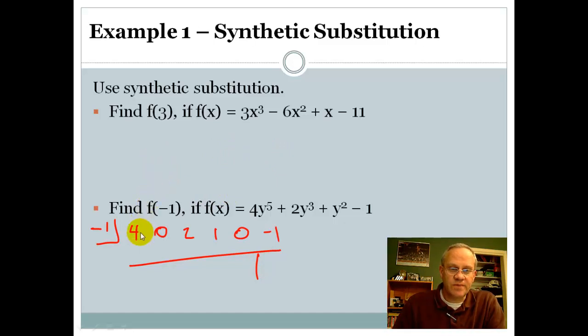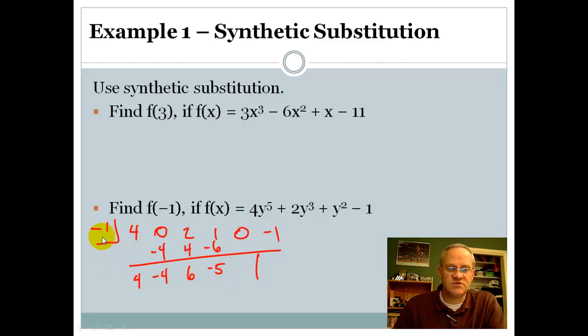All right, so let's bring the 4 down. 4 times negative 1 is negative 4. 0 plus a negative 4 is negative 4. Negative 4 times a negative 1 is positive 4. Add those, we get 6. 6 times a negative 1, negative 6. Add those, we get a negative 5.